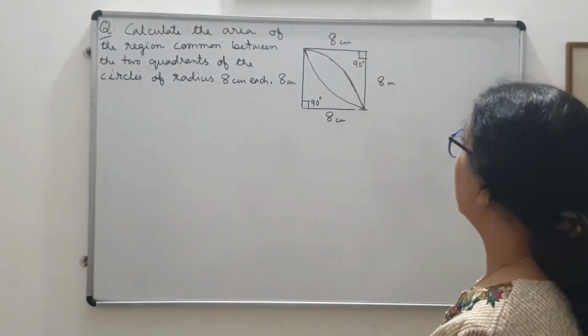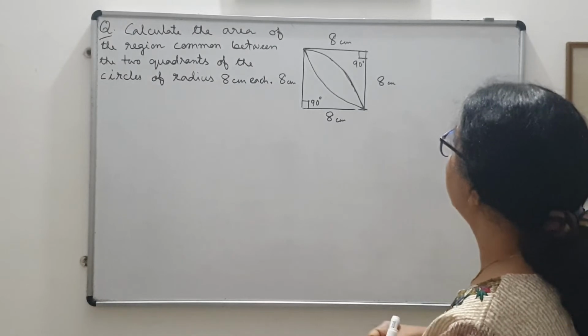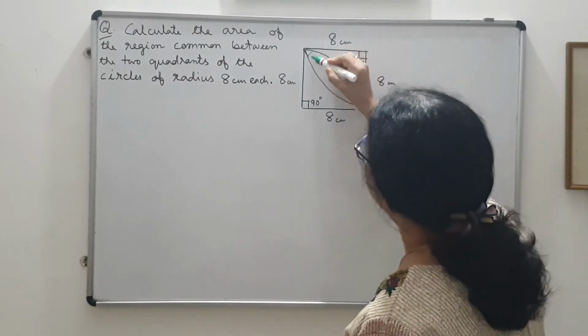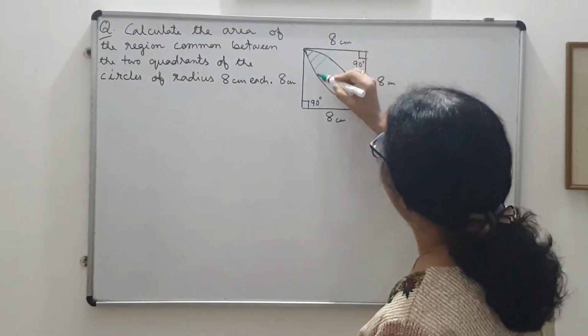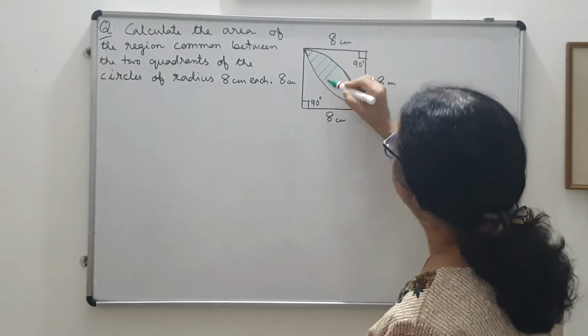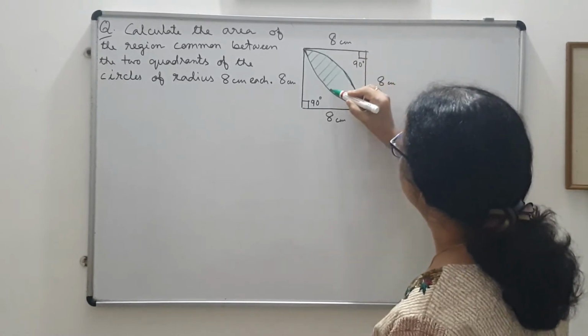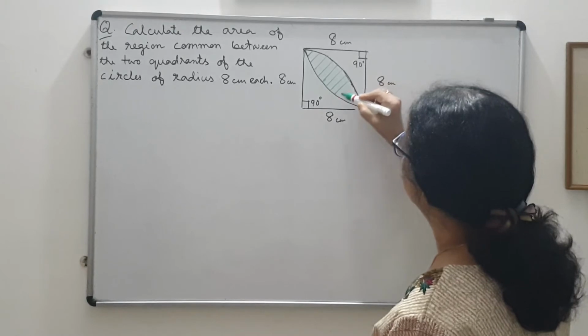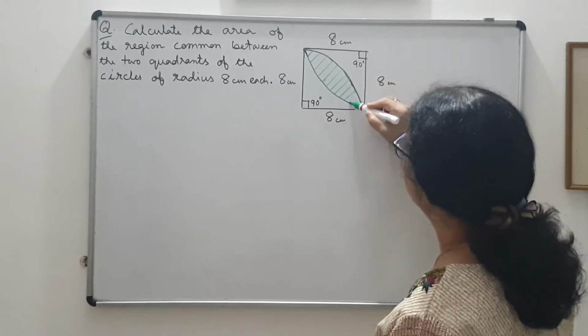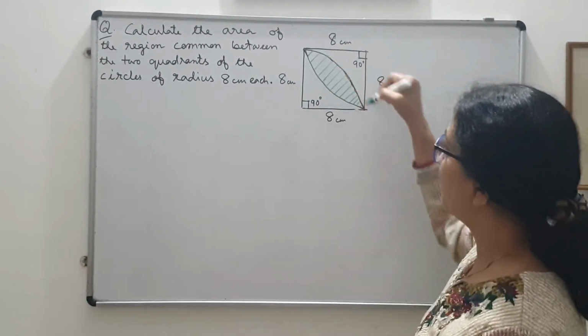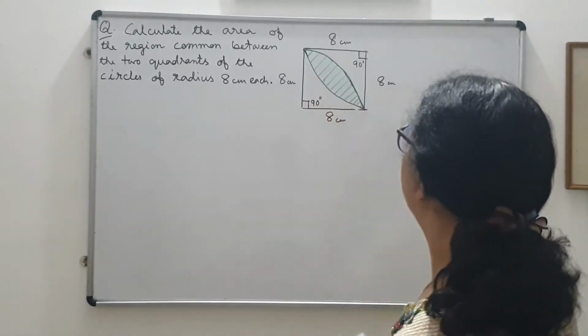So what is the common region? The common region is this region, common between the quadrants. So that means you have to find the area of this region.